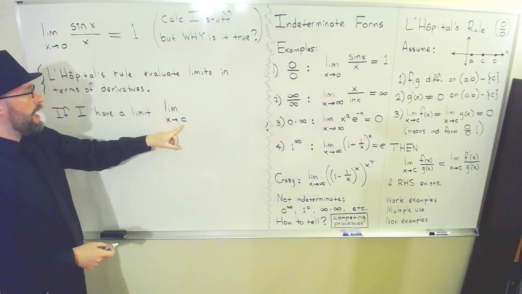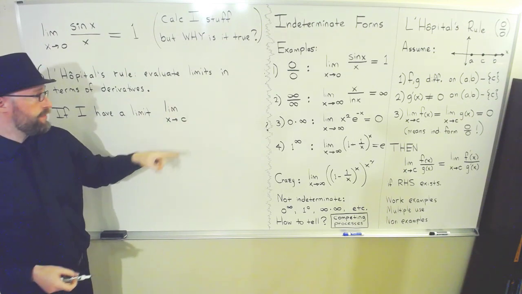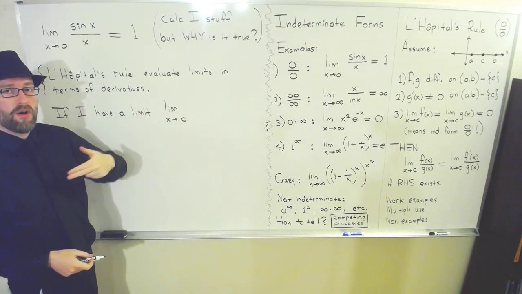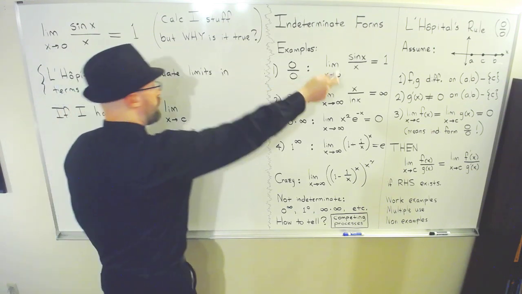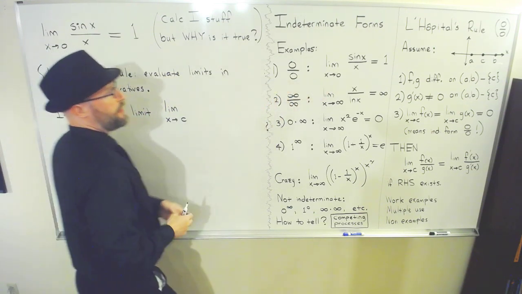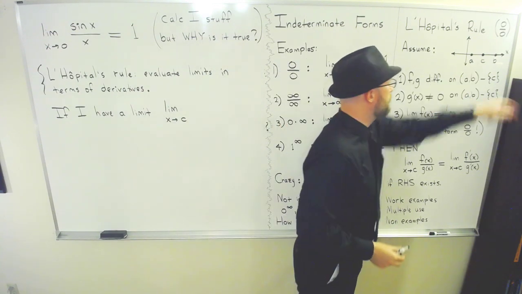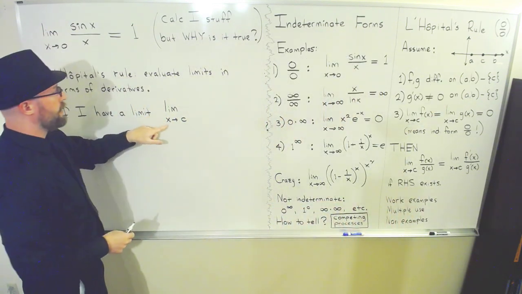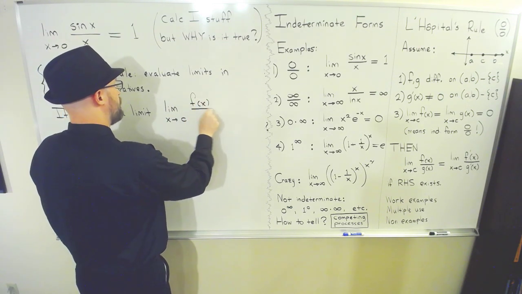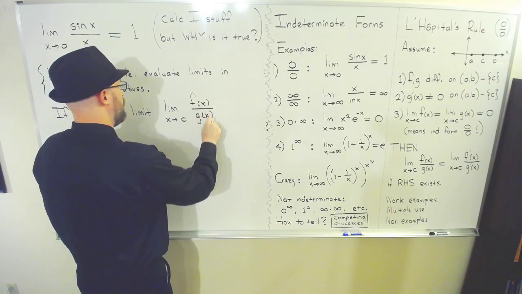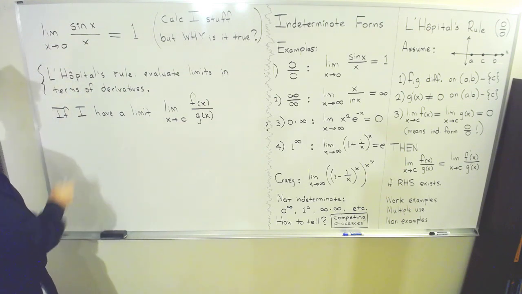It could also be plus or minus infinity. It's what's called an extended real number. But I'm just writing the case here where it lives inside an interval from a to b. So this is a limit as x approaches some number c of a quotient of two functions, f of x over g of x.